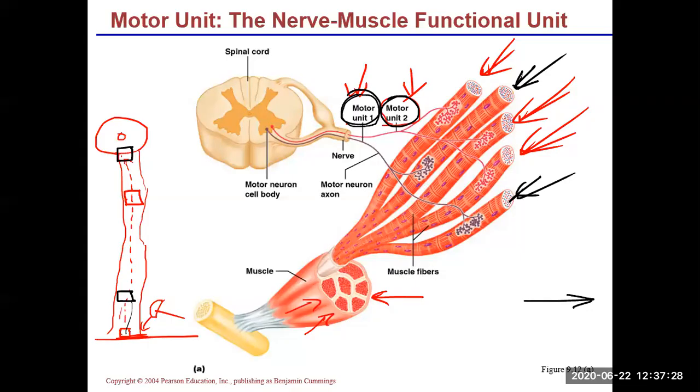Again, in that type of situation, you're recruiting more of these muscles. When you recruit a lot of these muscles all at the same time, obviously your strength is going to increase, and that's the idea. Sometimes we may not be able to recruit all these muscles, and as a result, the strength may not be there.